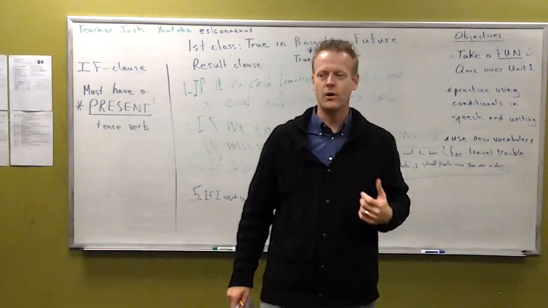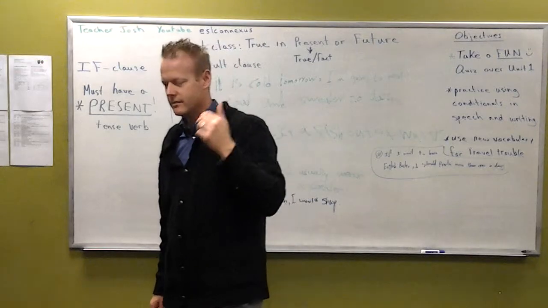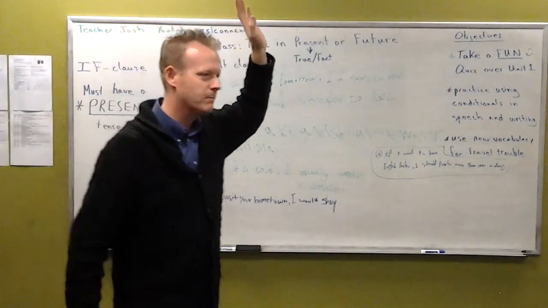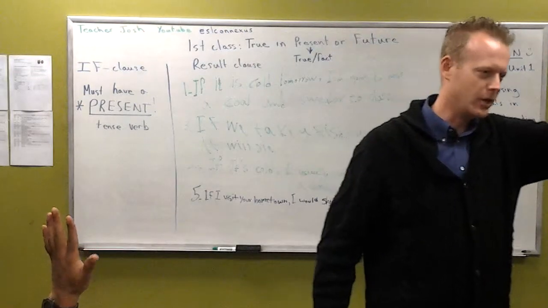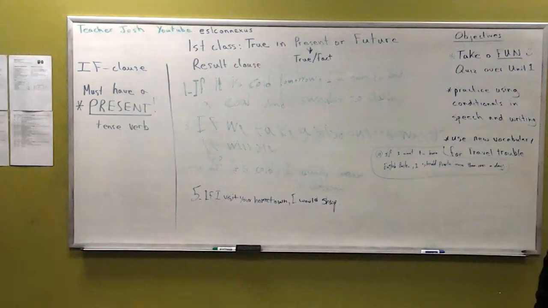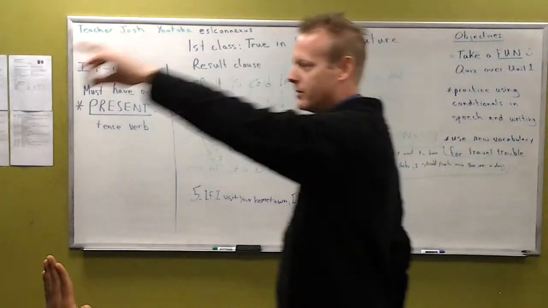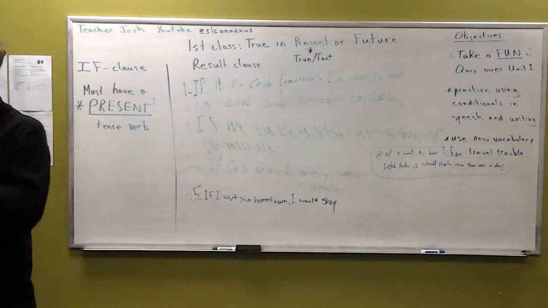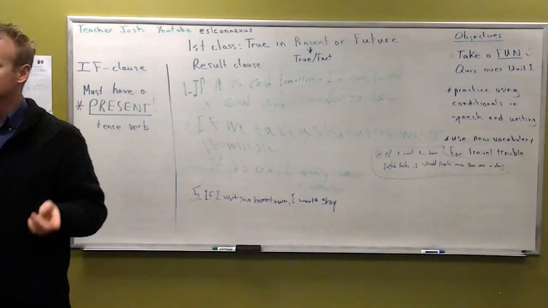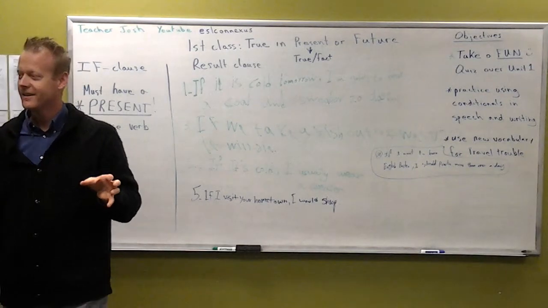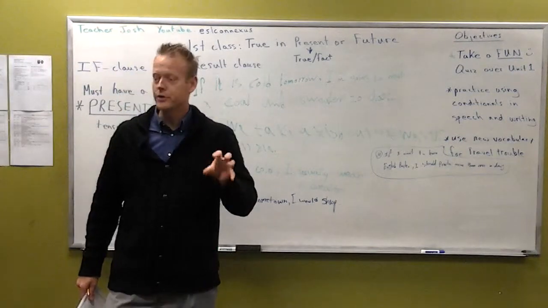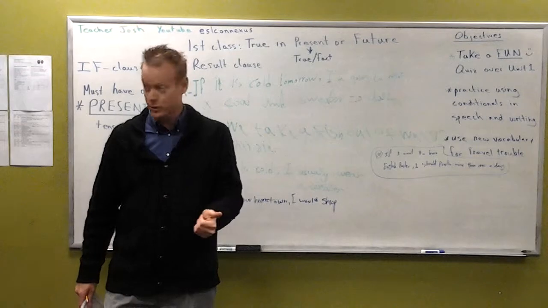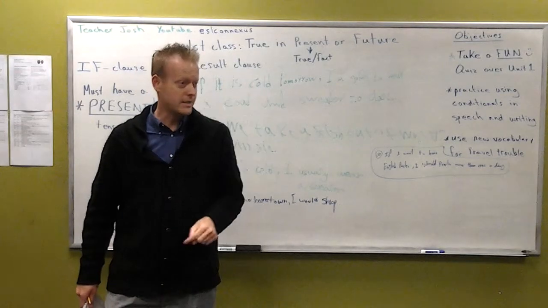Okay, good. So somebody tell me what is the verb tense in the if clause in the second class condition? Raise your hand. Anybody? Anybody new? Do you know? In a second class condition. Remember the chart on 93? Yeah, what is it? Simple past. Is it true or untrue? Untrue in what time frame? Yeah, it's untrue. A second class condition is untrue in the present.